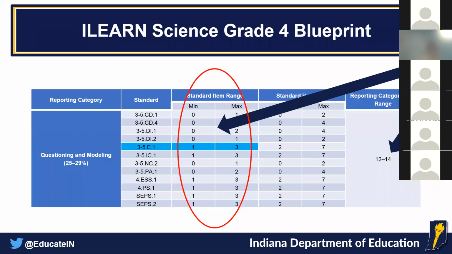And it could be a maximum of 3 for that standard. If we go one above it, 3.5DI2, you see the minimum is a 0. So there's a potential that in a given year that item may not appear, but it does have a max of 1, so it could. On the far right, we give the range for that reporting category of how many items could be on the iLearn, and the range is 12 to 14 for the questioning and modeling category in grade 4.